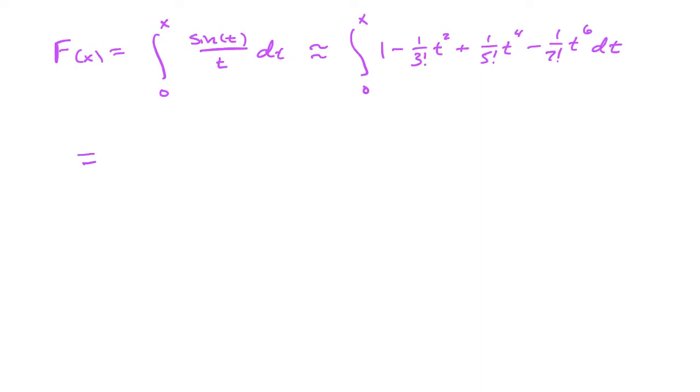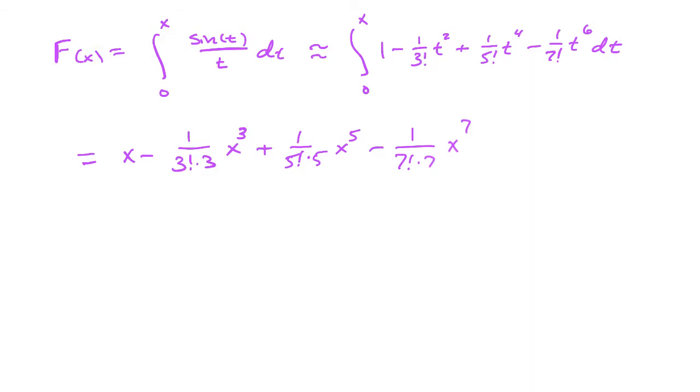And so we have x minus 1 over 3 factorial times 3 x cubed, plus 1 over 5 factorial times 5 x to the fifth, minus 1 over 7 factorial times 7 x to the seventh. And so this gives us an approximation for our integral.